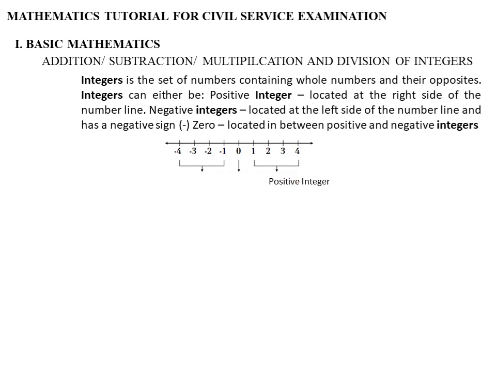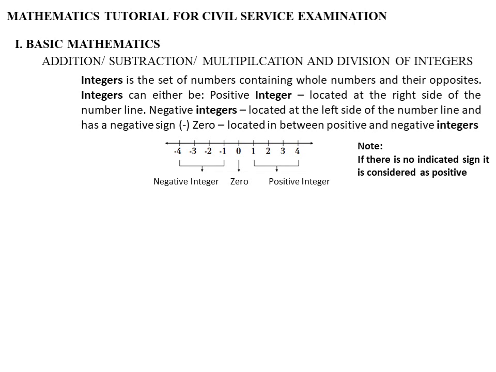And then negative integers are located at the left side of the number line. This one. These are the negative integers and have a negative sign. Okay. 0 is located in between the opposites, the positive and the negative integers. So this is what we call the integers.